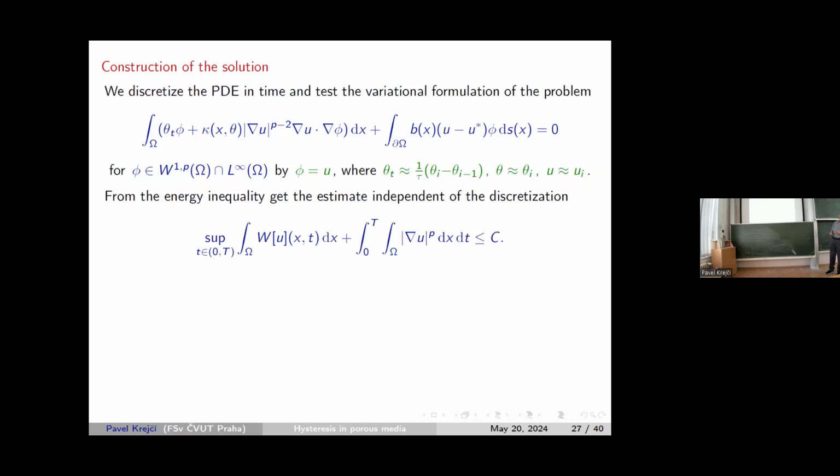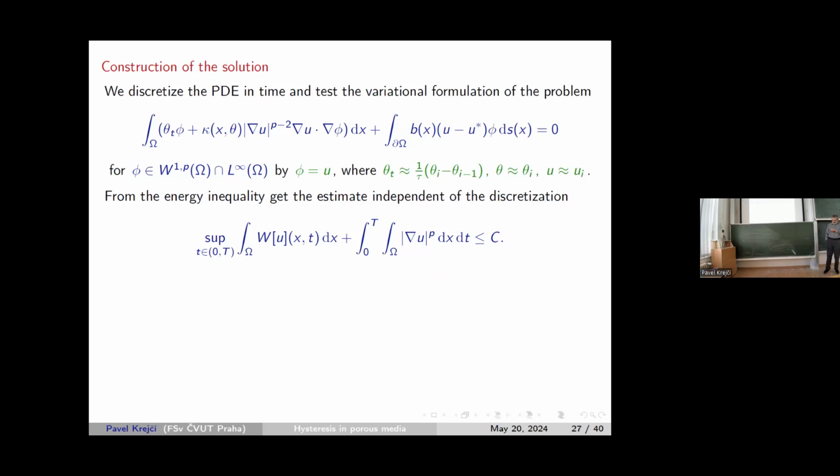And now, what we get is the energy inequality. This is for sure. We get the energy inequality by testing the equation by u, and we immediately get the gradient of u to the power p in the integral bounded by something in the energy, the supremum of the energy. But the energy does not give really relevant information. We just know that the energy is positive, not negative.